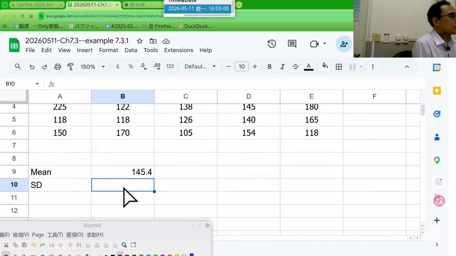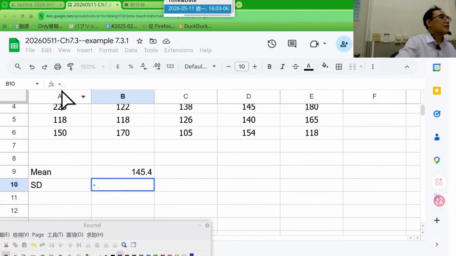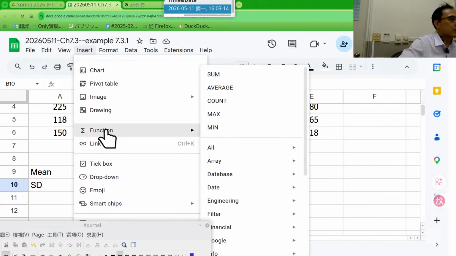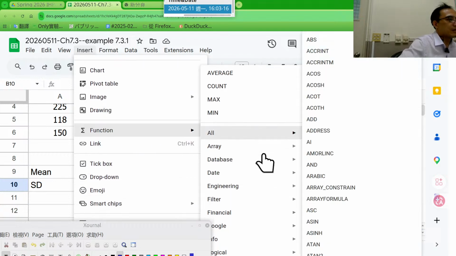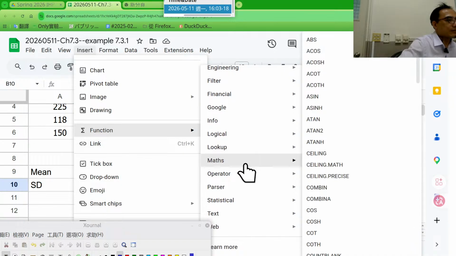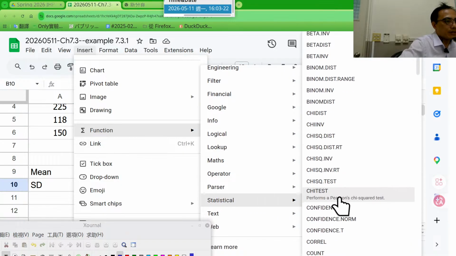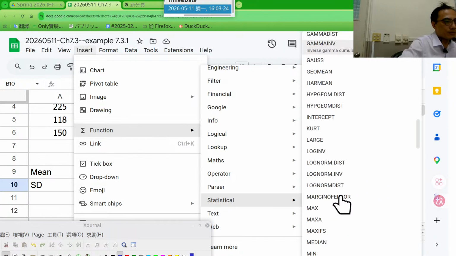How to get a standard deviation? Here, click equal and use the function, or you can insert the function about statistics, then standard deviation sample.